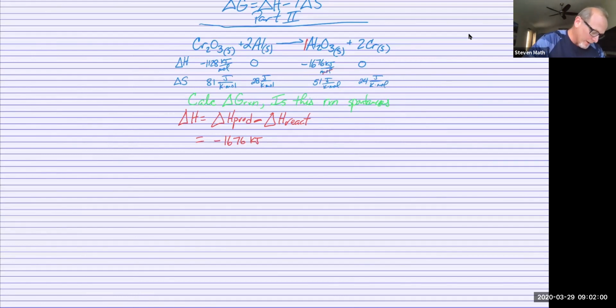And up front, that's going to be minus negative 1128 kilojoules, because there's also a 1 in front of that. So if we crunch them, let Texas Instruments do the work, we're going to find out delta H is a negative 548 kilojoules.